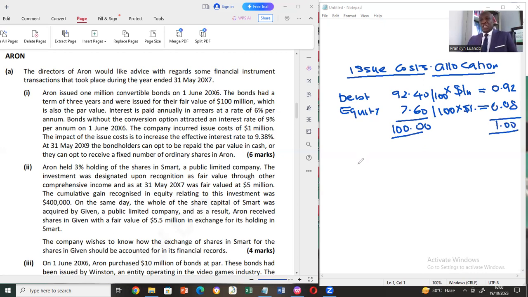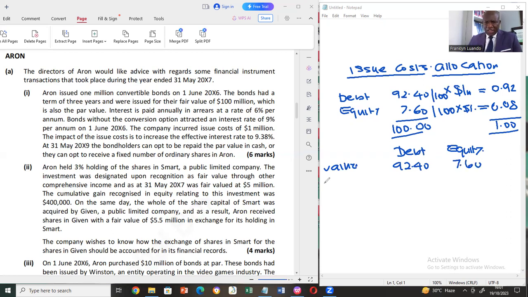So after the allocation, we need to reduce the values. We have debt, we have equity, the values there are 92.4 and 7.60.